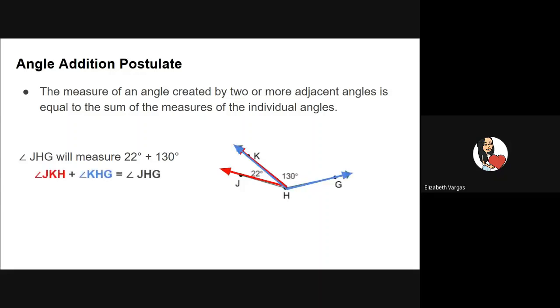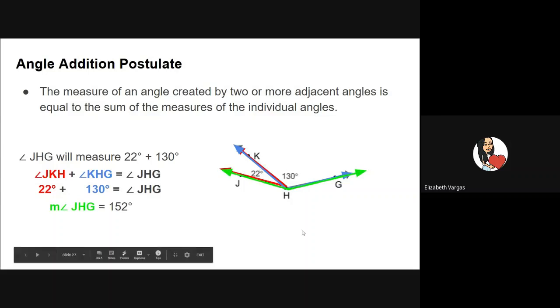And so JHK is equal to 152, which is 22 plus 130. And so that's how you would use the angle addition postulate. Any questions about this?